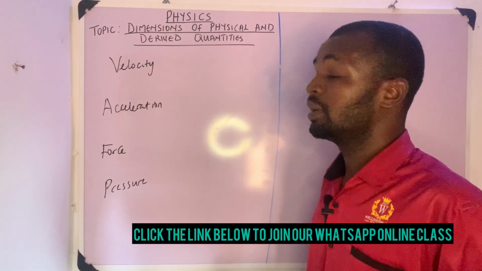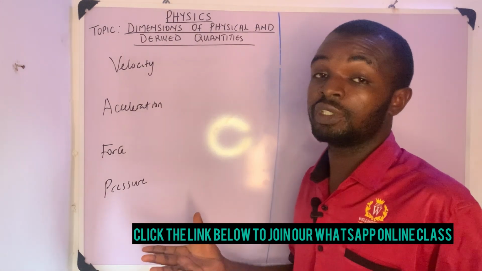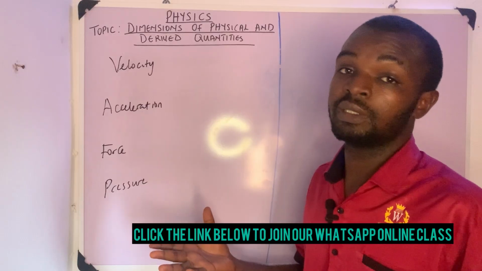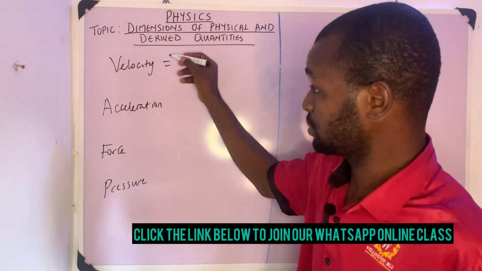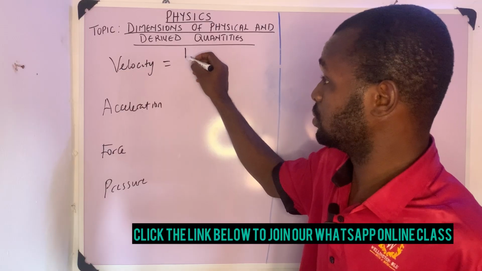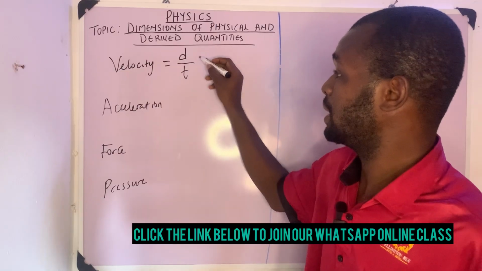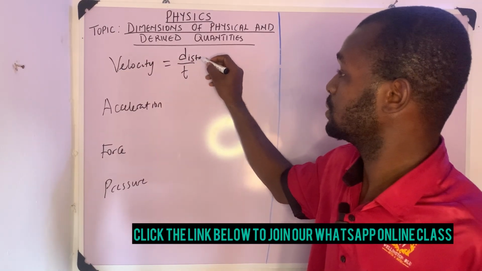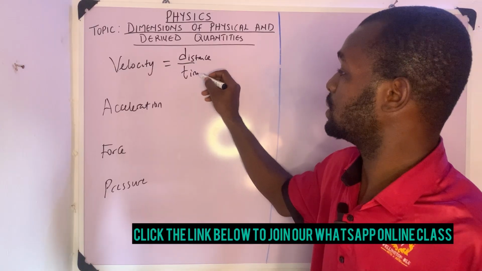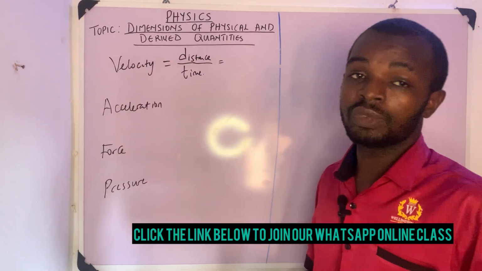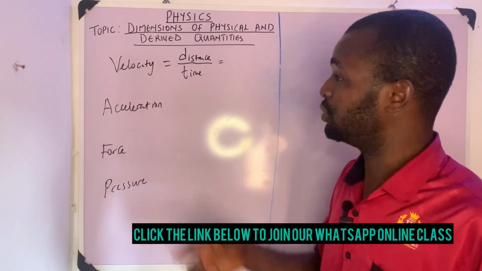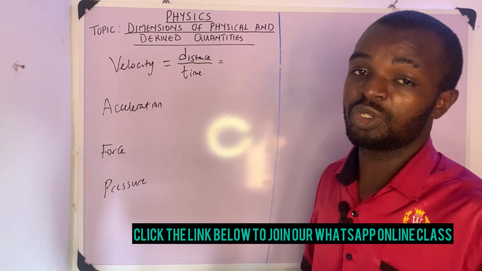Now remember, velocity is the rate of change of displacement with respect to time. Mathematically, you can say velocity is equal to d over t, where d is the distance and t is the time.